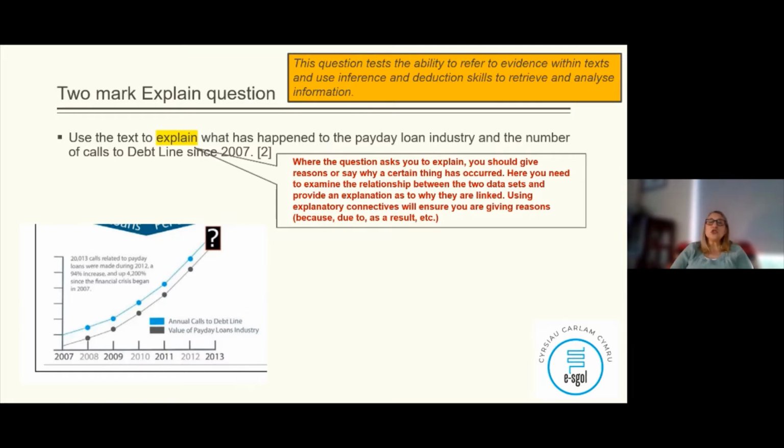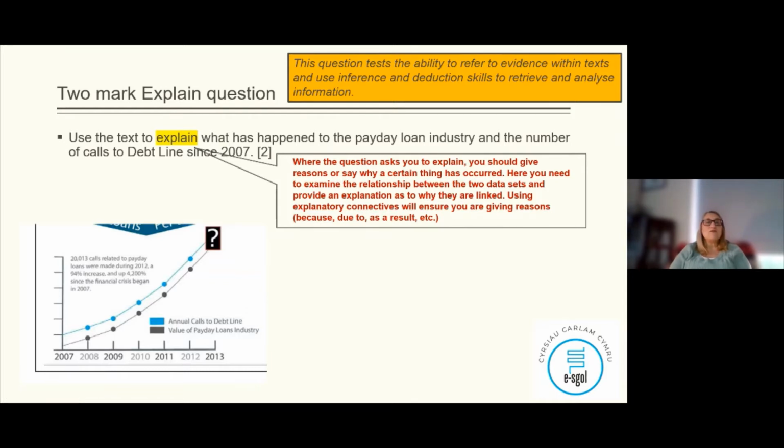So we've already touched on this, the fact that this graph shows that both the payday loans, the annual calls to debt line, sorry, in blue, and the value of the payday loans industry have increased at the same rate, really. You can see that curve there, and you need to think about what the relationship is between these two data sets.